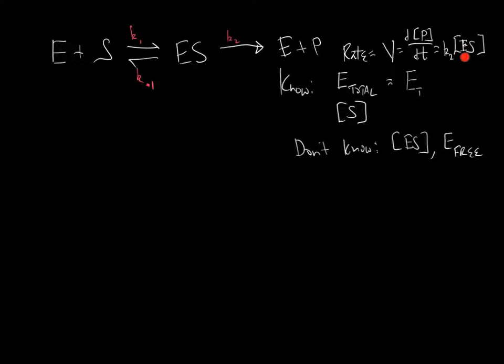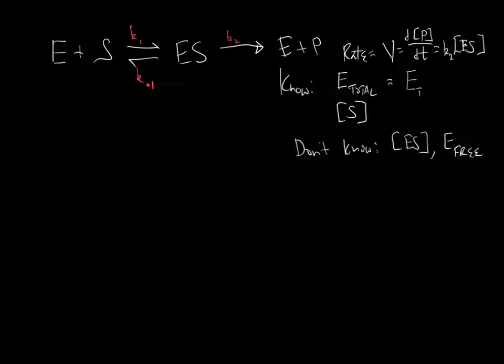We want to put it in terms of things that we do know. So this is where all calculus is, it's just a way to manipulate the numbers to make it into algebra. So we're going to try to substitute E total and substrate concentration for this ES. Since we don't know ES, but we know the total concentration of E and the amount of substrate we started off with.